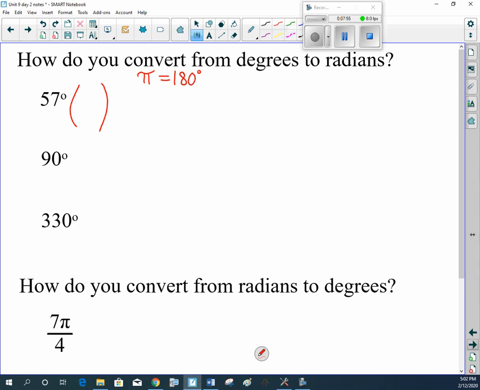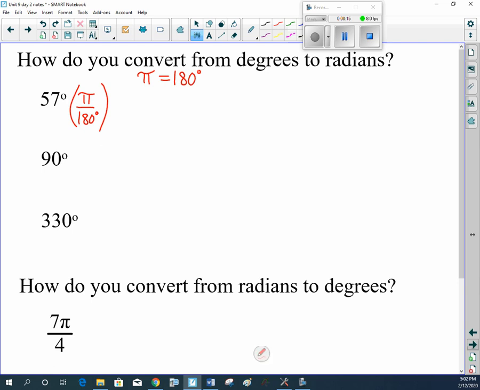Do I want to put pi over 180 or 180 over pi? Well, I already know it's 57 degrees. I want to know how many radians it is. So I want to put the radian measure on top. So the pi goes in the numerator, and the 180 degrees goes in the denominator.